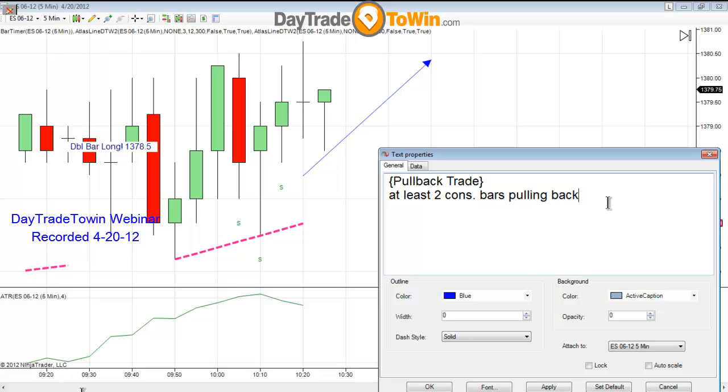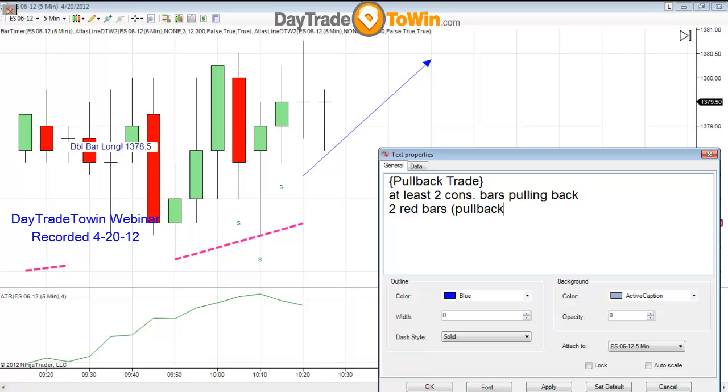Lower lows, lower closes. So I'm going to keep this as simple as I can make it. As simple as I can make it is going to be 2 consecutive bars pulling back, 2 red bars. We are above the Atlas line. So 2 red bars, to me, equals a pullback.